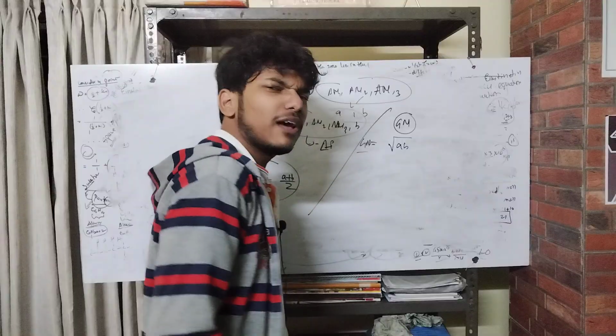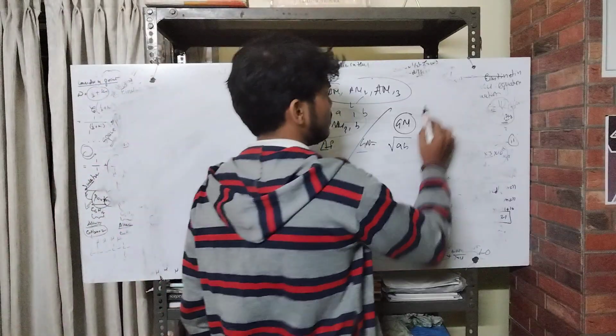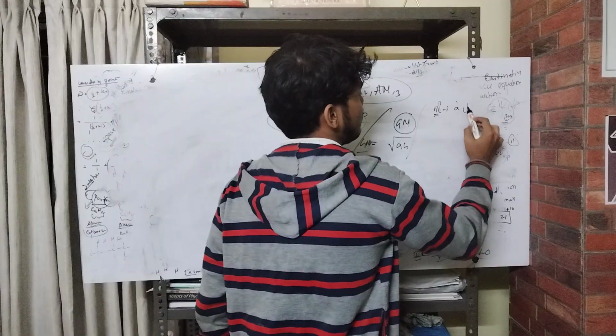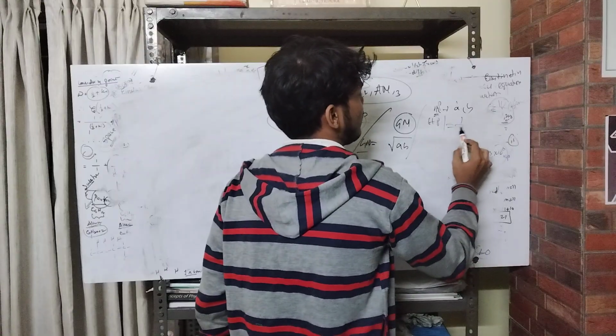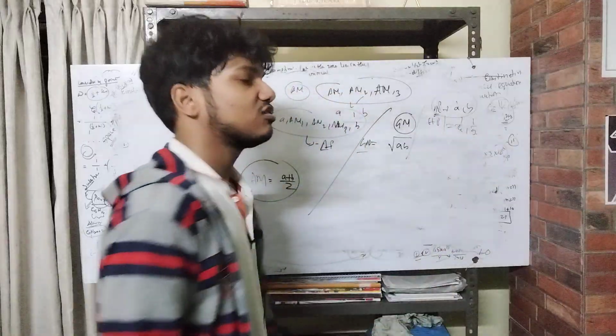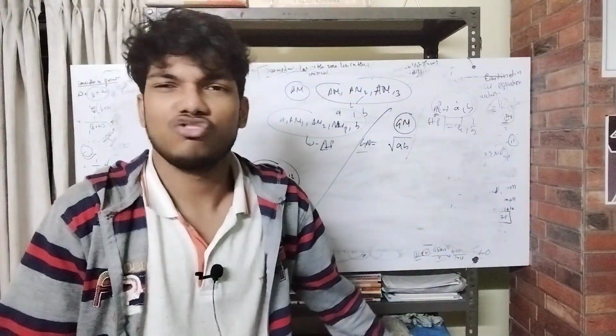Now HP can also come, just use it like AP. In AP there are a and b. In HP there will be 1 by a and 1 by b. Just use the formula of AP here and put down the harmonic mean.